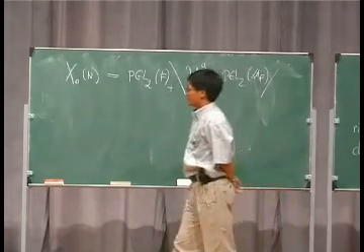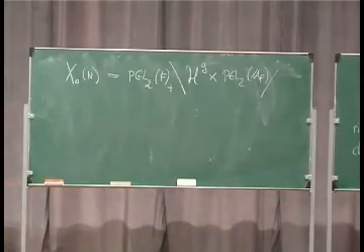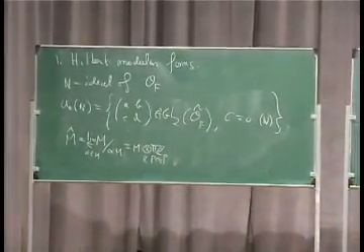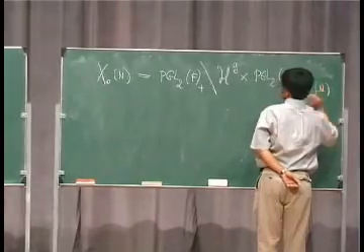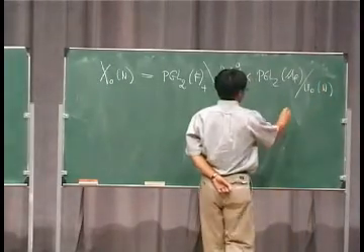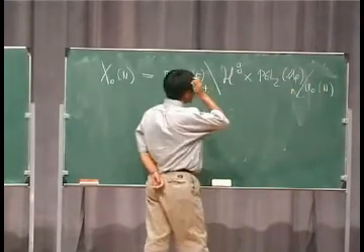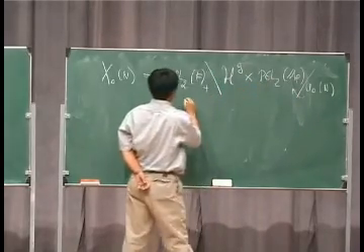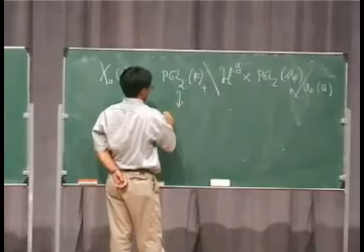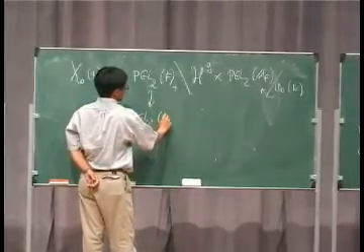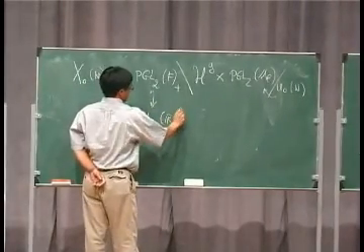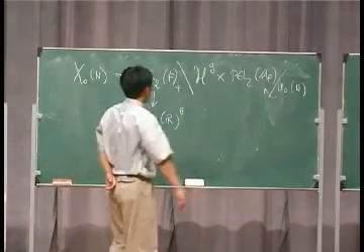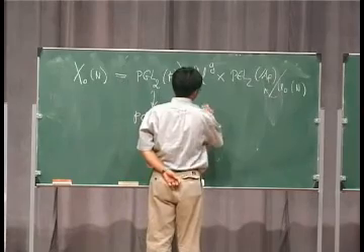So probably here I really need to say PGL2. This looks scary. This one acts on this one only, and this one acts on both. Recall that this one can be embedded into PGL2 of the real numbers to the g's power, and this one acts on each component. This H is the Poincare upper half plane.